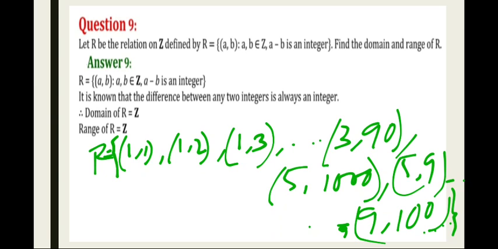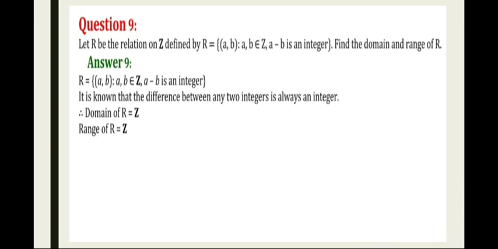In place of the first and second element you can choose any two integers and the difference will become an integer. That is why the first element can be any integer and the second element can be any integer. That is why the domain of the relation R will be the integer set and the range of the relation R will also be the integer set.